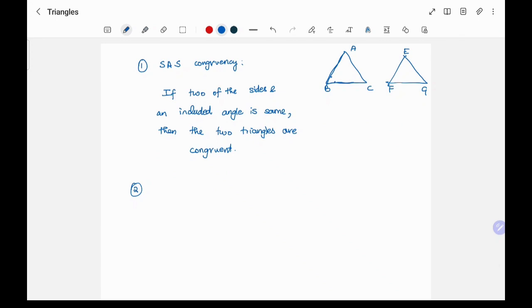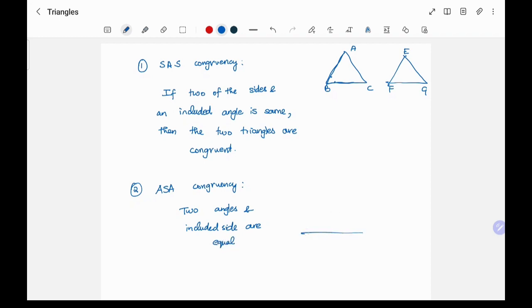The other condition is ASA congruency. Here the two angles and the included side are equal, then it is sufficient.